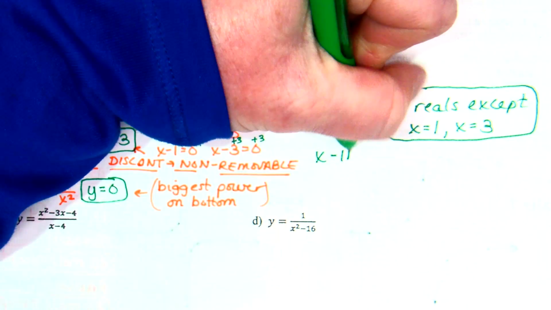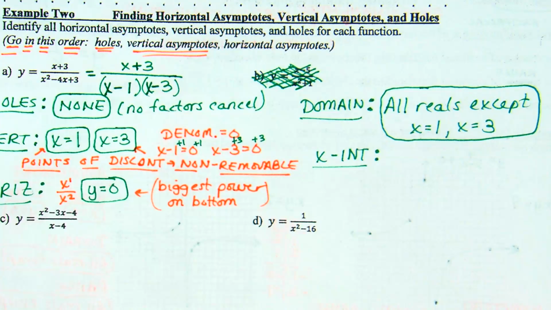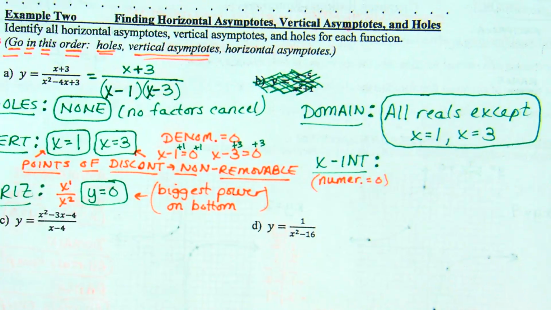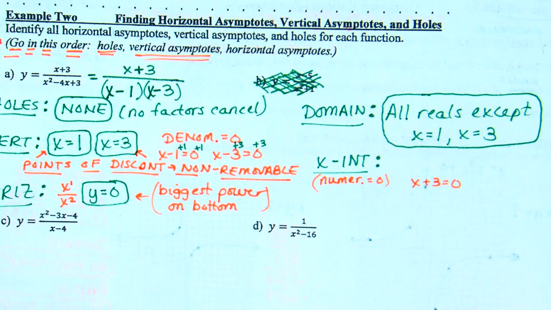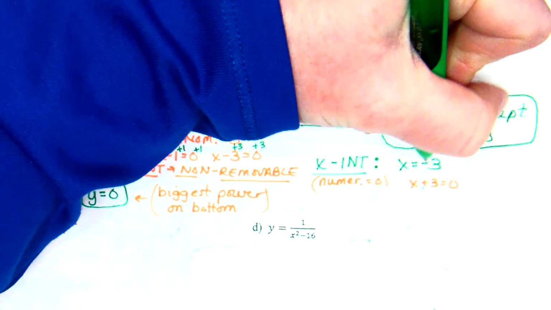So if I set x plus 3 equal to 0, and you solve, you're going to get x equals negative 3. And lastly, y-intercept.